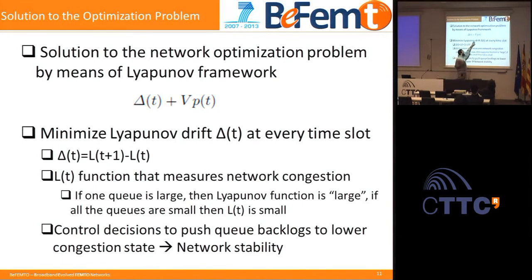The y function is mapped to this penalty function, and it's weighed with a parameter V, which determines the importance you assign in your decisions to network stability, taking decisions for distributed resource consumption, and the importance you assign to your cost function.